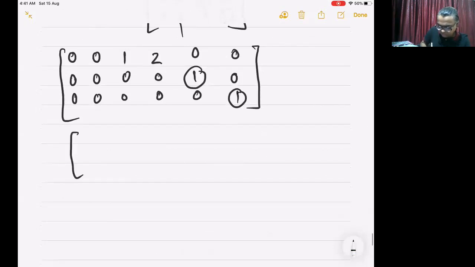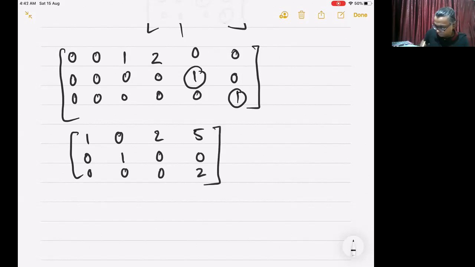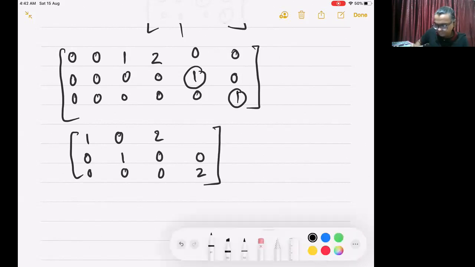Similarly, I may also have something like 1, 0, 0, 1, and then 2, 5, 0, 0, and then suppose I have 0, 0, 0, 2. Let me make this guy 0.